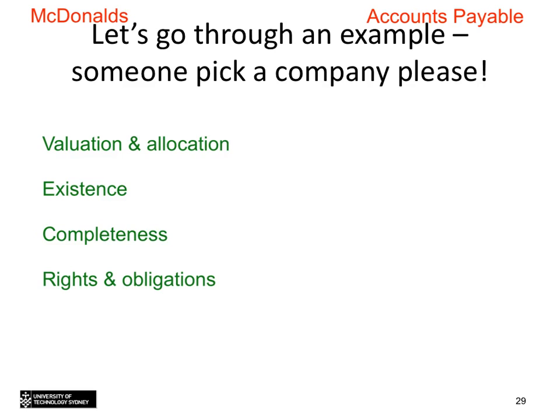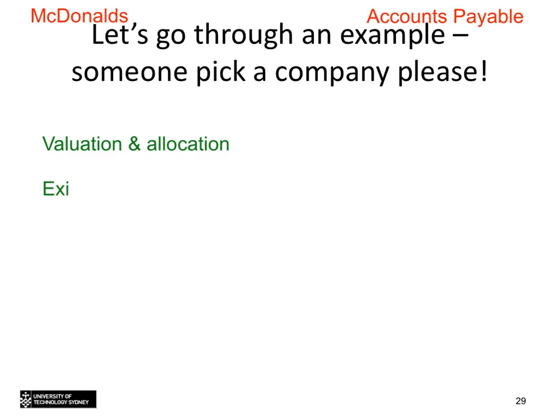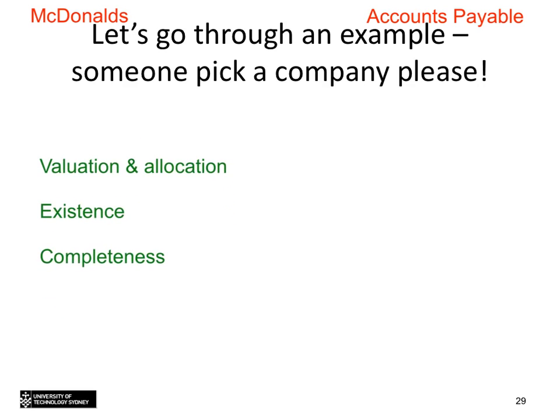So we've got valuation and allocation. What else is there? Existence. We've got completeness. All right, let's make this a bit bigger. What else is there? One more. Rights and obligations. Okay, I might space these out a bit more.